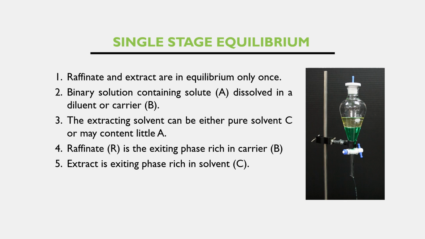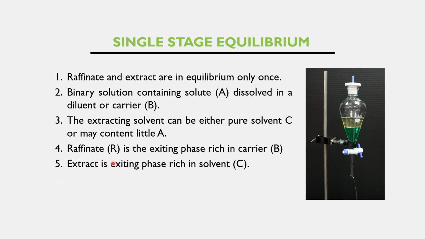In a single-stage equilibrium, the raffinate and extract are in equilibrium only once. The binary solution contains solute, denoted by component A, which is dissolved in a diluent or carrier, denoted by component B. The extracting solvent can be either pure solvent C or may contain a little A. That means the composition of the solvent is either unity or close to unity.